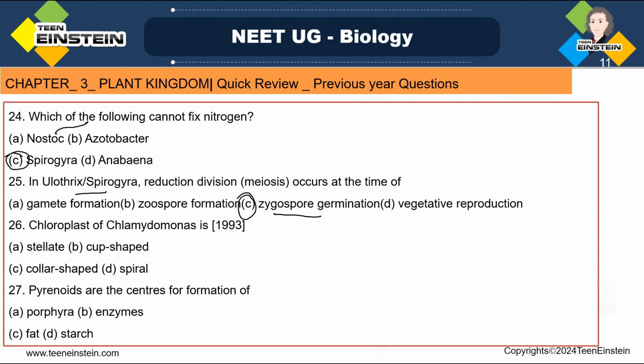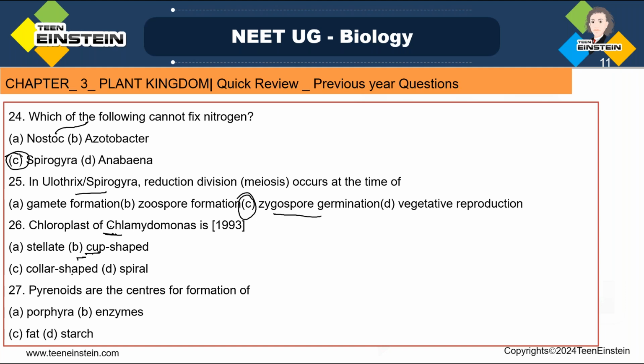The next question, question number 26. The chloroplast of Chlamydomonas is cup shaped. To remember that, I said C, Chlamydomonas, cup shaped.